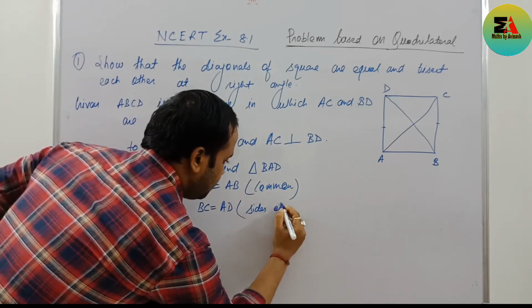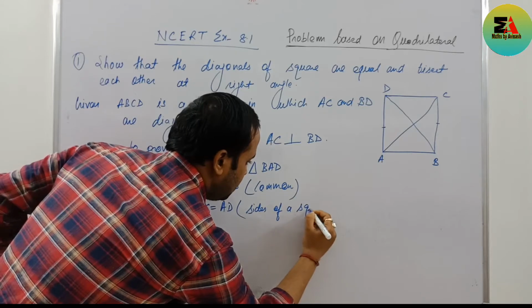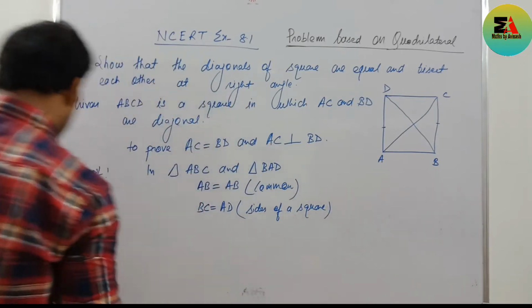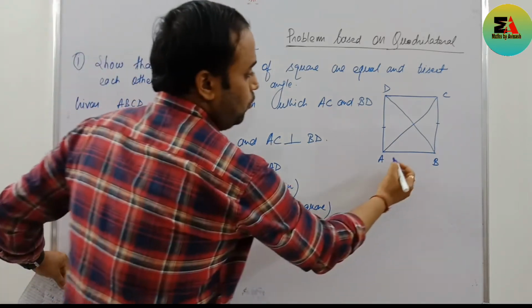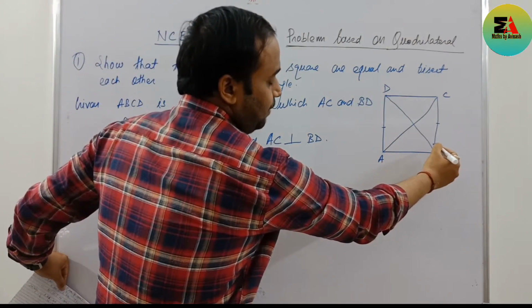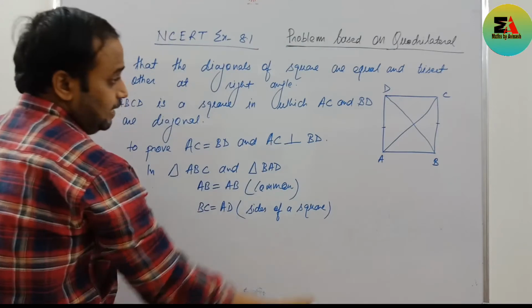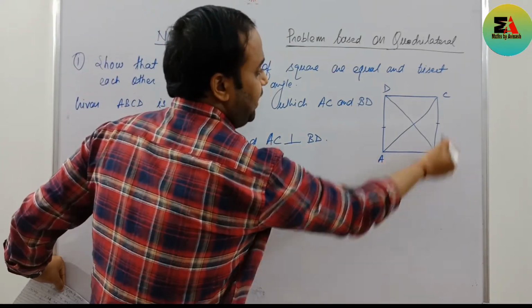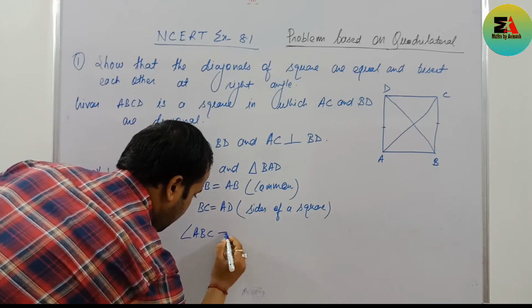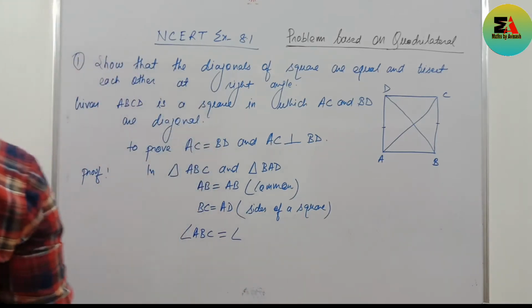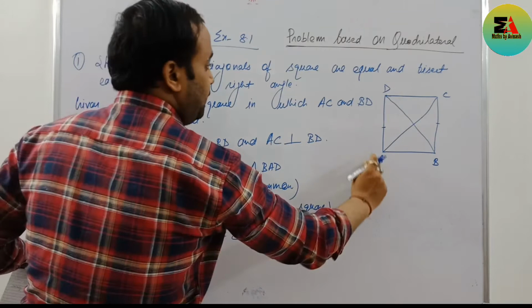And angle: we know that by properties of a square each angle is 90 degrees. So angle ABC equals angle BAD.